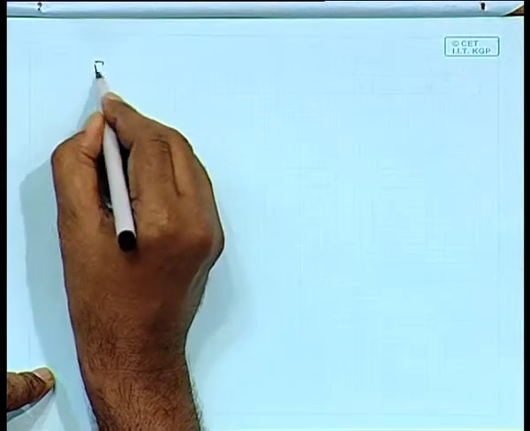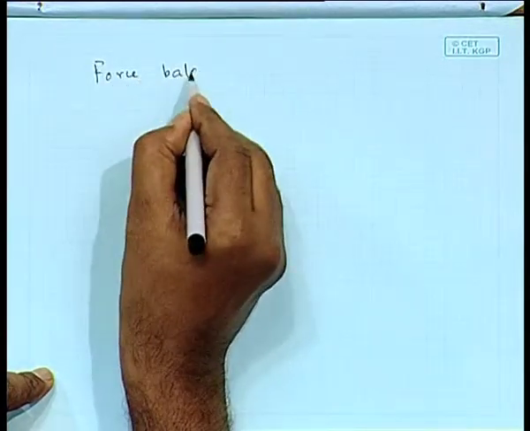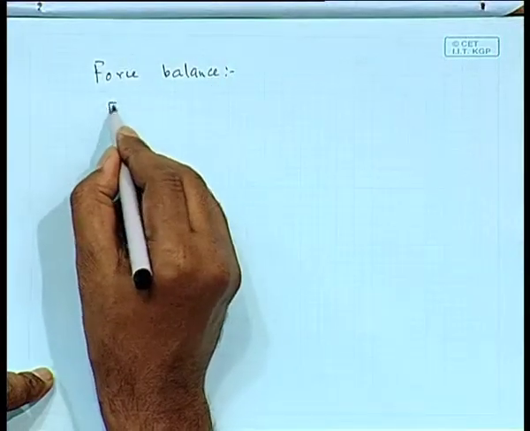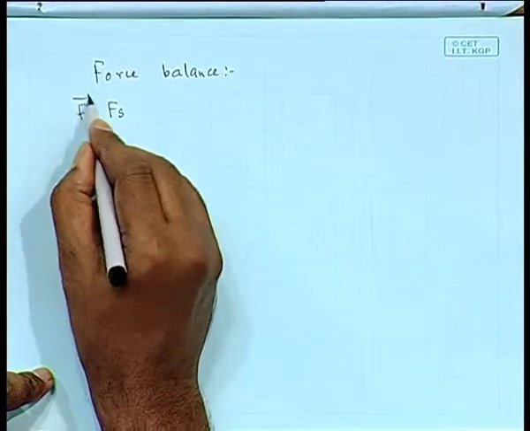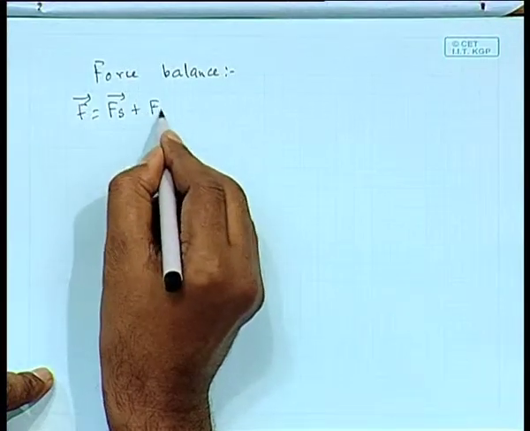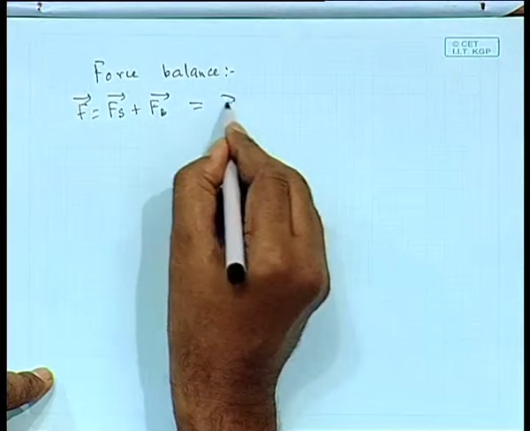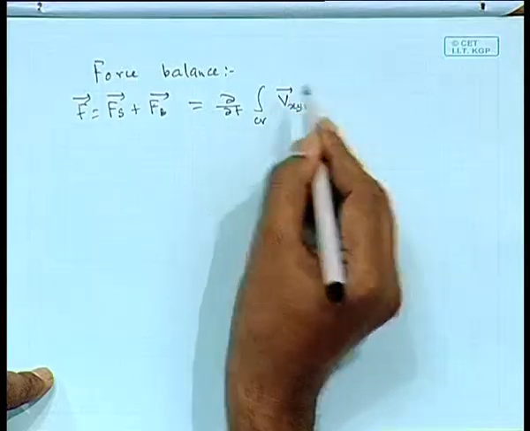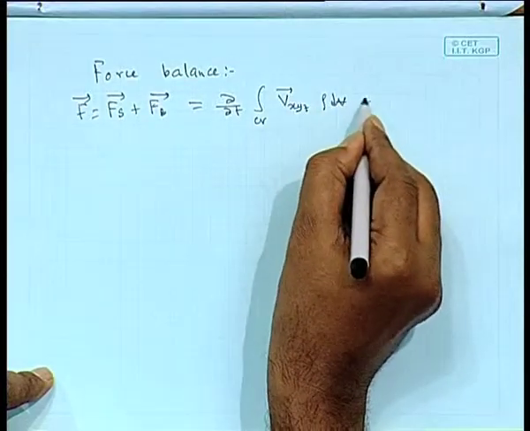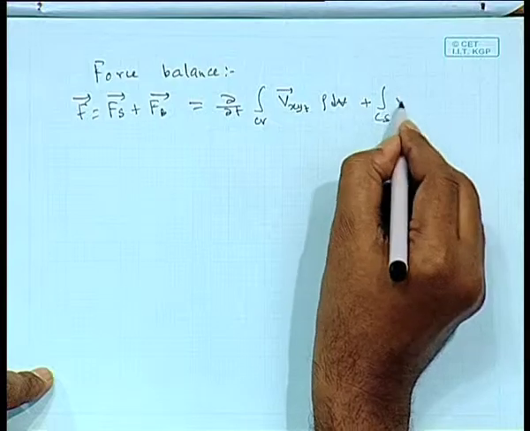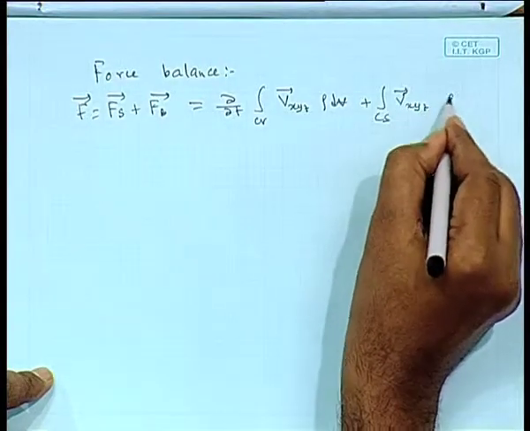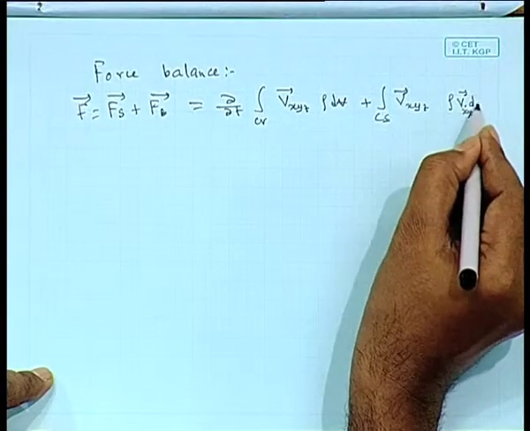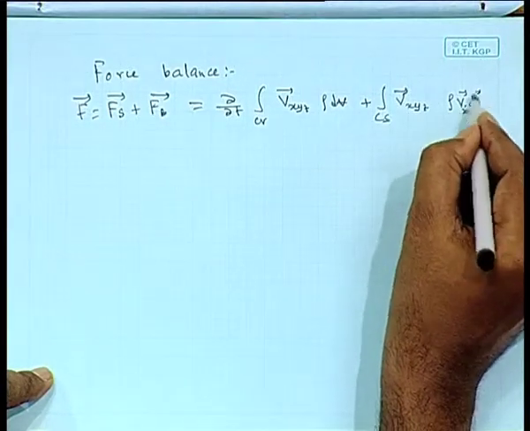So, your force balance equations become Fs plus Fb equals del/del t of the control volume integral of V_xyz rho dV, plus the control surface integral of V_xyz rho V_xyz dA.